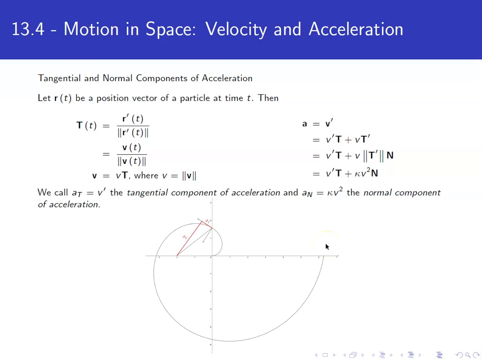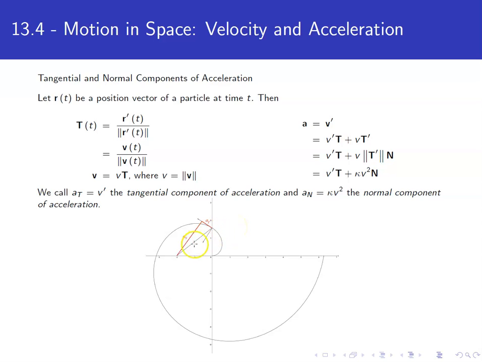If we have a picture of what's going on, here is our unit tangent vector going this way. Here is our unit normal vector going this way. The long vector here is your acceleration vector. The distance along, we should say the projection, the distance that's along the unit tangent vector, where we project our acceleration down onto the unit tangent vector, that's our tangential component of acceleration.